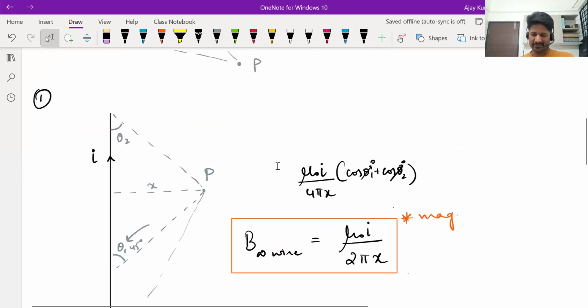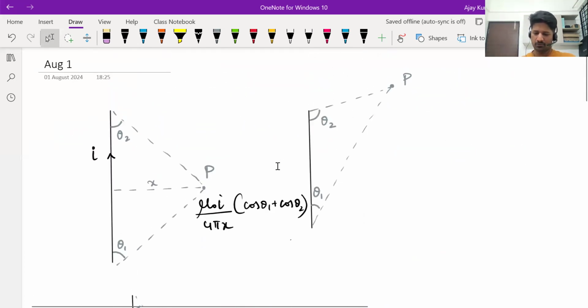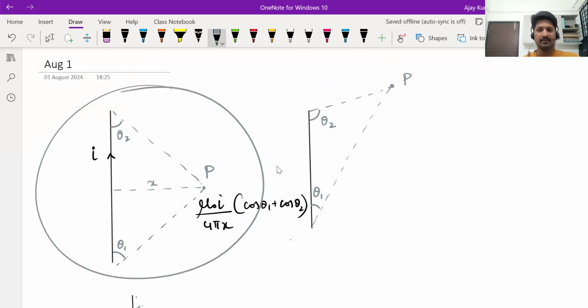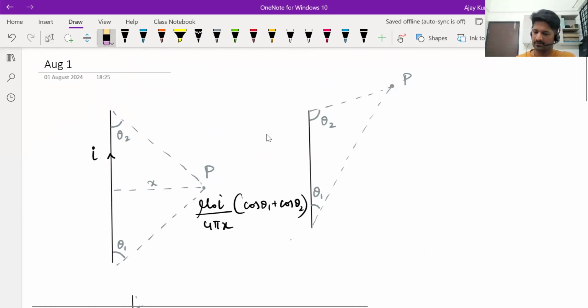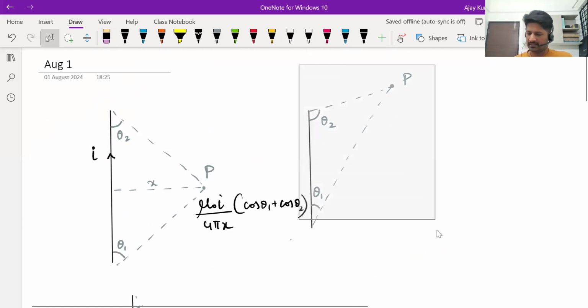Remember the diagram, all of you, the diagram that we drew in the derivation. It's this, right? X is the perpendicular distance between the wire and the point where you want the magnetic field. Now, sometimes you look at the diagram on the right side. Yeah, look at the second diagram.